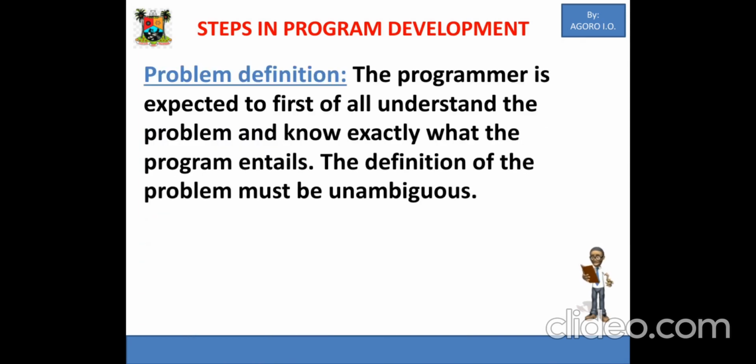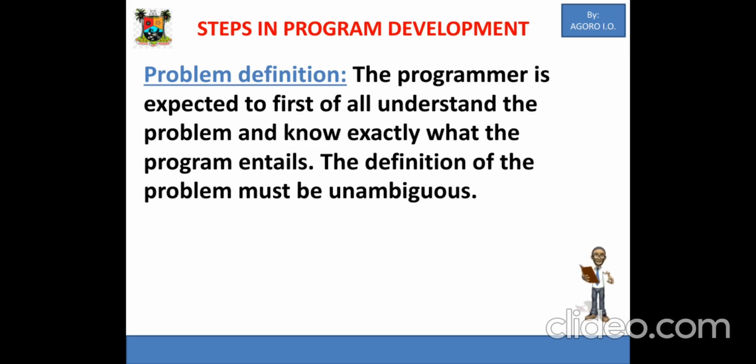Now let us look at problem definition. The programmer is expected to first of all understand the problem and know exactly what the program entails. The definition of the problem must be unambiguous. This means that the definition of the problem must be clear.